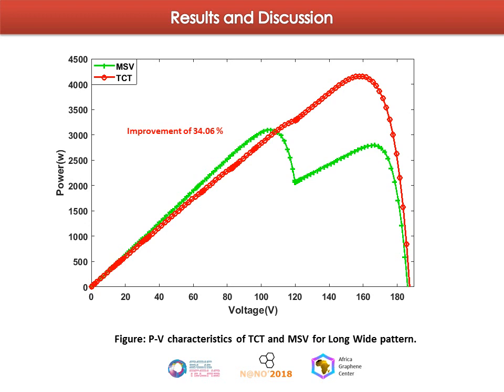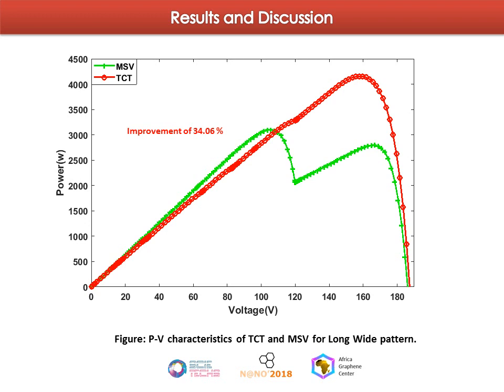The maximum power generated by the array in the TCT configuration is 3099 watts. After rearranging the modules according to the magic square view pattern, the power generated by the array is increased by 34%. Thus, arranging the modules according to the magic square view pattern increases the power produced from the array.